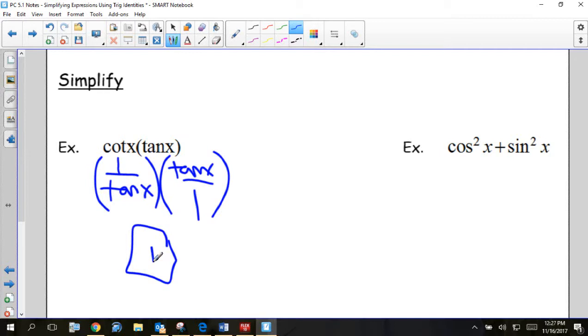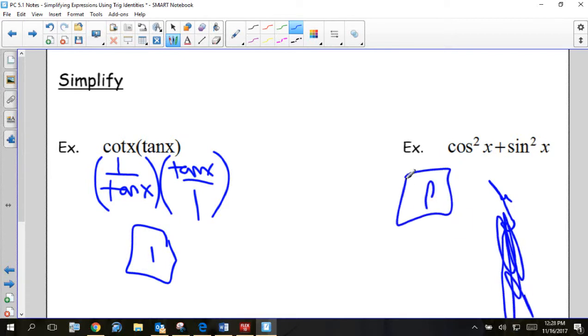Is there anything on that paper that you can add these together and see anything on that? That's equal to 1. Should be a 1.